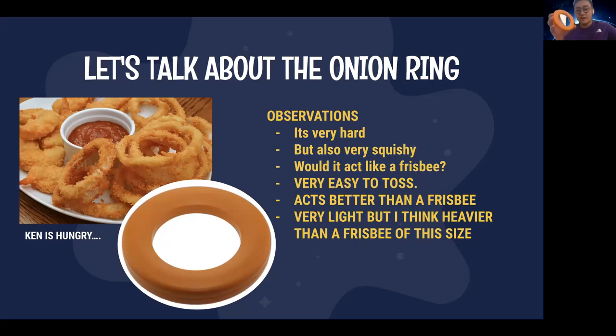It's really hard when you squish it this way, but it's really squishy when I do it like that. So I don't know if it can be classified as a hard or soft object, but it's really easy to toss. I was trying to toss this between a frisbee and this, and I think this actually went better than the frisbee. So for those of you that don't have your game pieces yet, slight observation.